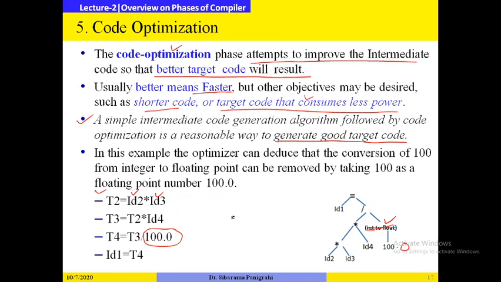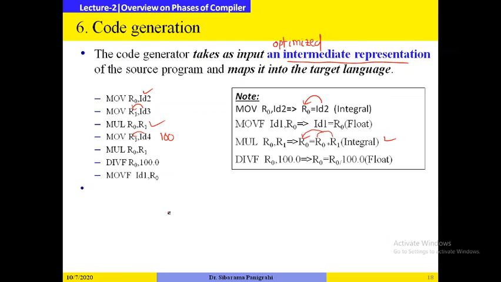ID4 is nothing but R. So first P into T is multiplied, then PT is multiplied with R. So ID4 is transferred to R1, then PT which is stored in R0 is multiplied with R1. So MUL R0, R1 is nothing but R0 into R1 and the result will be stored inside R0.